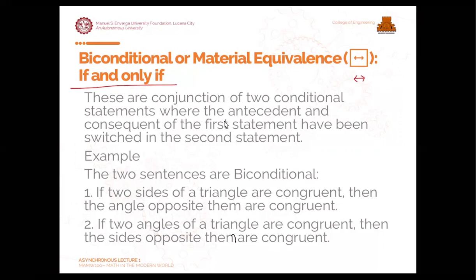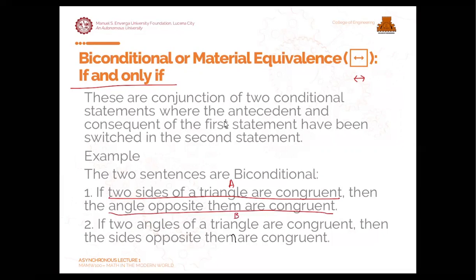So, ipapakita natin in symbol. Pwedeng two sides, ito yung maging proposition natin. Two sides of a triangle are congruent, tawagin natin A. Then the angles opposite them are congruent, so, opposite nung sides na yun.